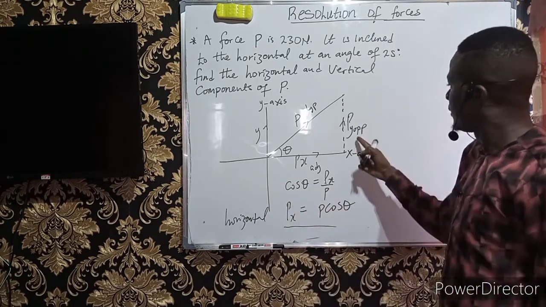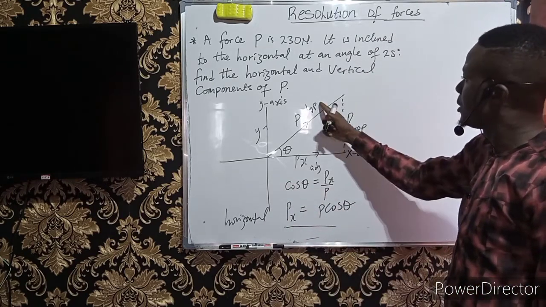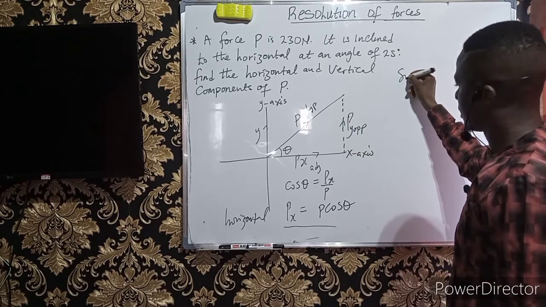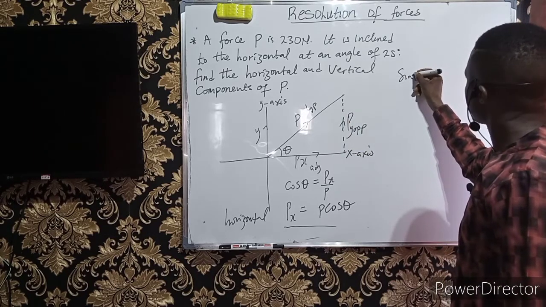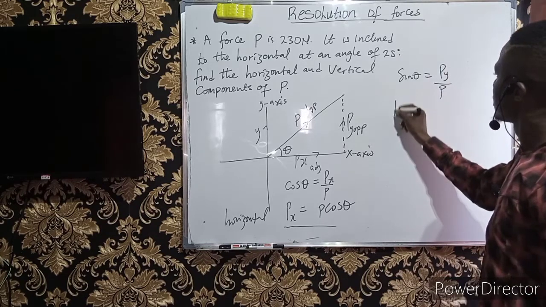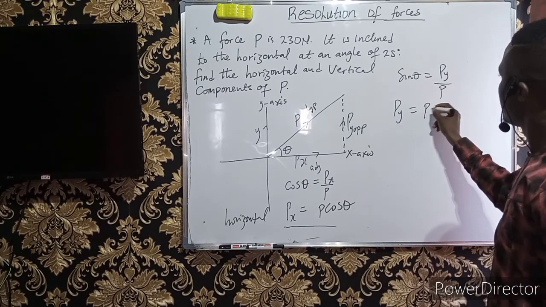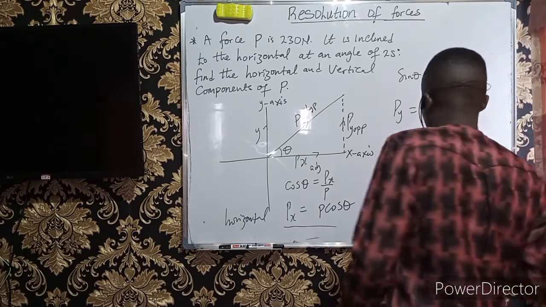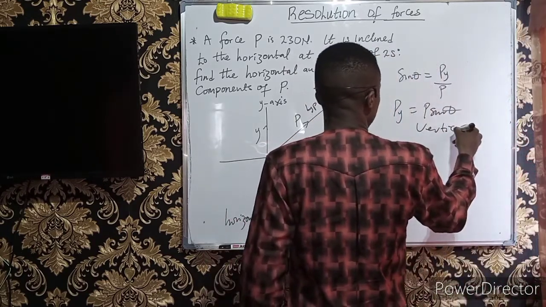Now, if I want to get the value of Py, it is opposite over hypotenuse, which is sine. Hence, sine theta is Py over P, and multiplying through gives Py equals P sine theta. So this is the vertical component of the vector.